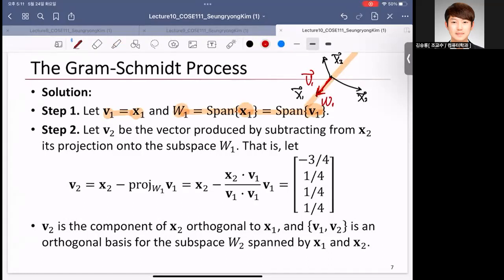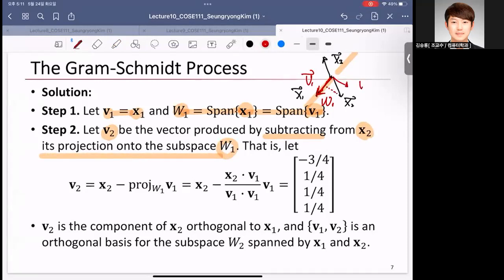In step 2, we have to find v2. Let v2 be the vector produced by subtracting from x2 its projection onto the subspace W1. Let me draw again. It means that we have to find this vector.